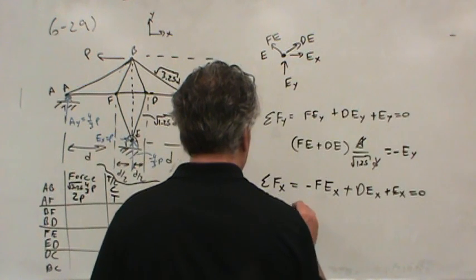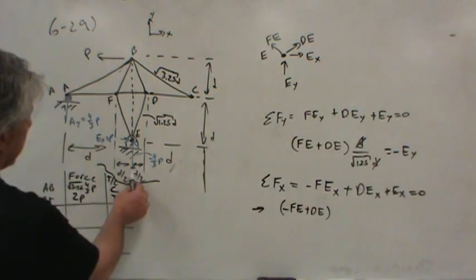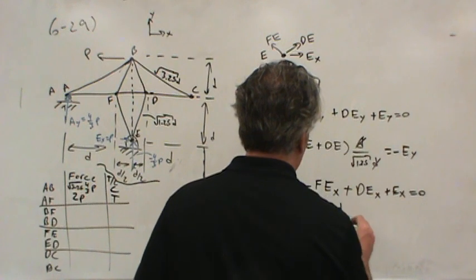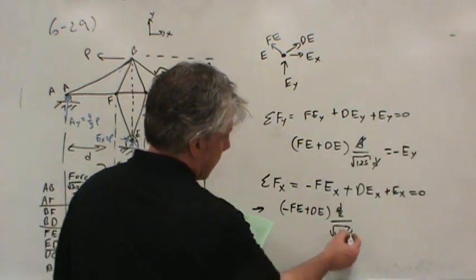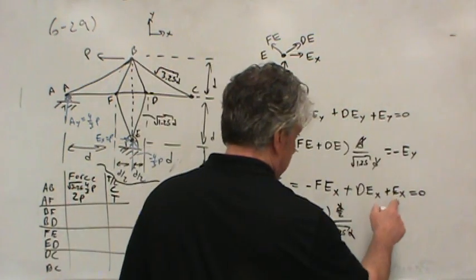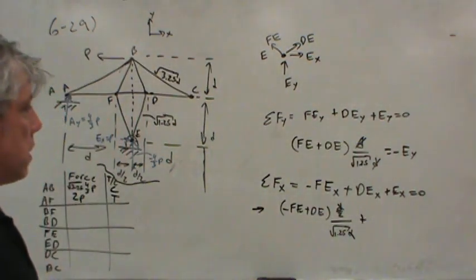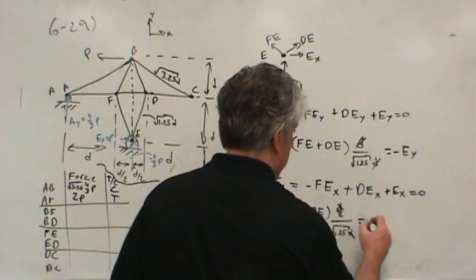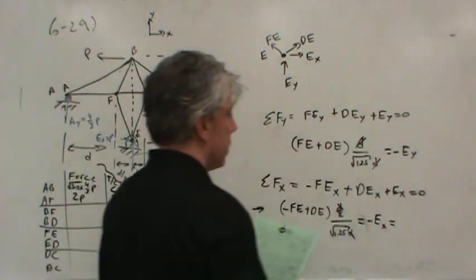We can write negative FE plus DE multiplied by D over 2 over root 1.25D. Cancel the two D's. And let's not forget, we still have this term. All I've done is take care of these first two. So EX, I was going to put it on the other side, so negative EX equals, and EX is simply P, so equals negative P.